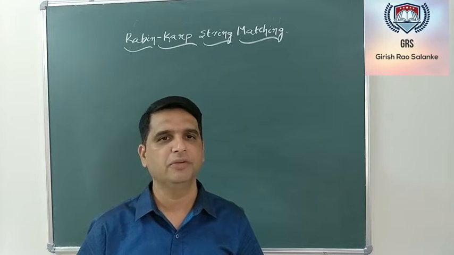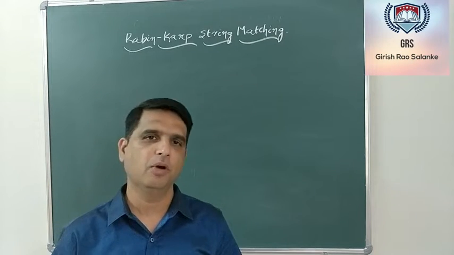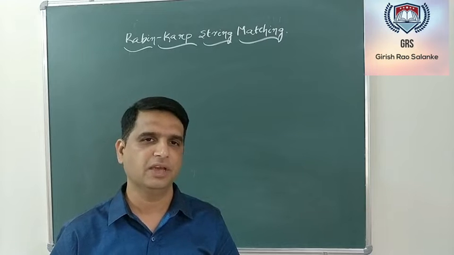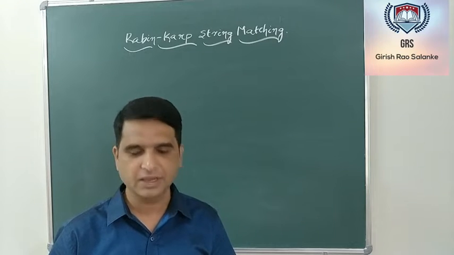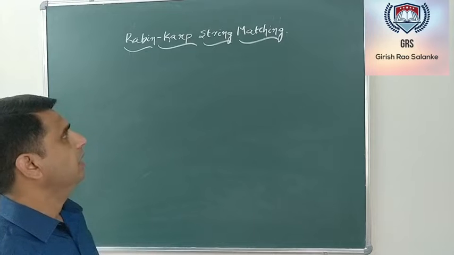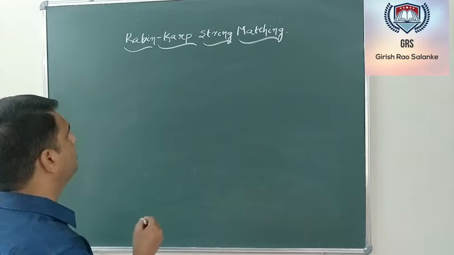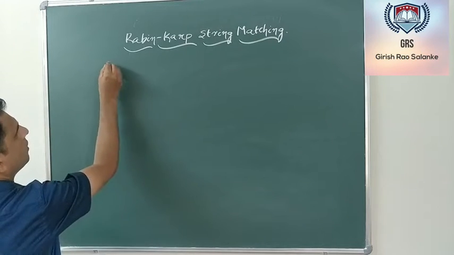Now coming to today's video, we are going to discuss one of the popular string matching algorithms, by name the Rabin-Karp string matching algorithm. Please note that in case of the Rabin-Karp string matching algorithm, we use the concept of hashing.